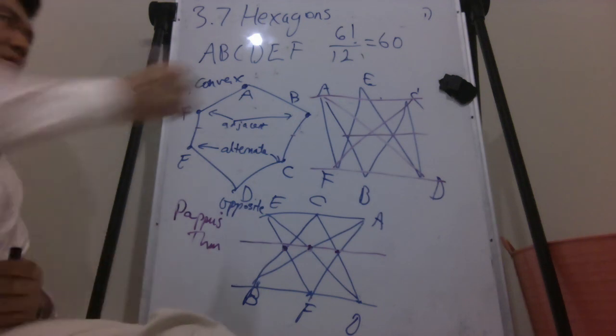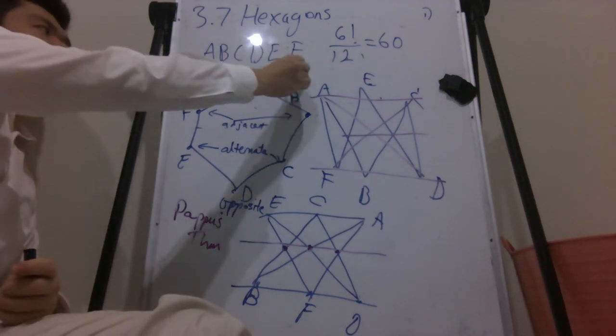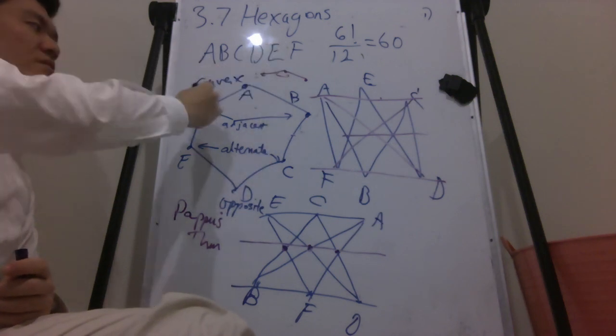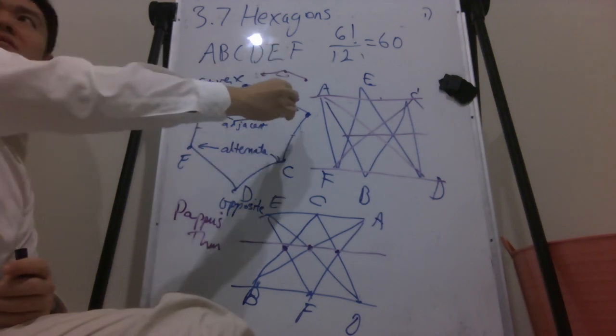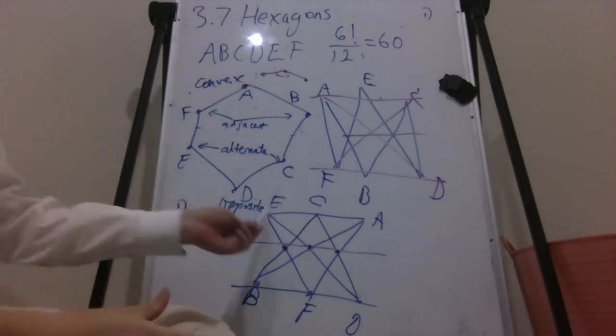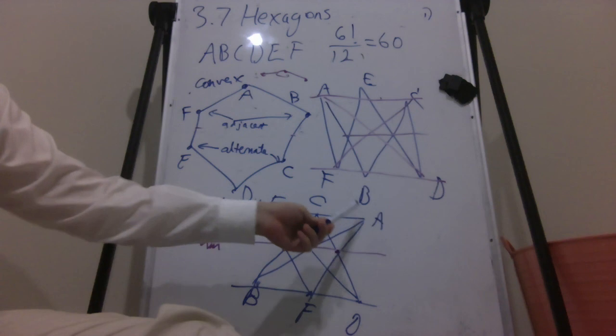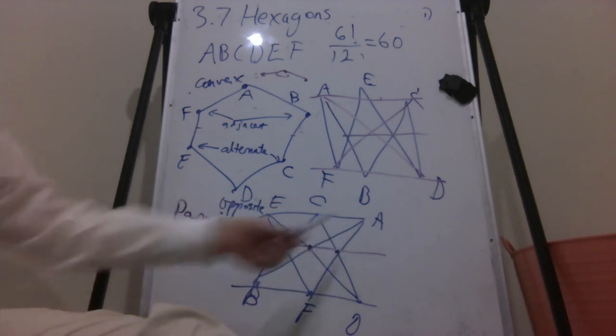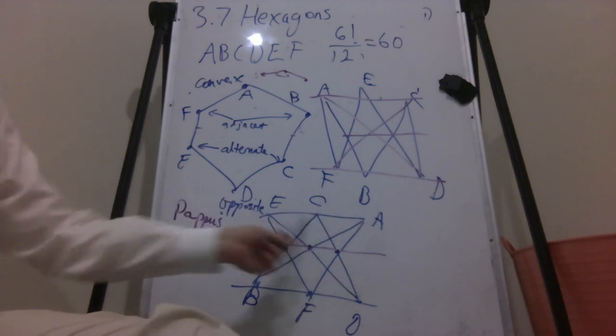We can't have a polygon with a collinear triple, like FAB collinear. So one way to avoid that, because you want these to be collinear, is to make them alternating. So you can't write A, B, C here, but you can write A, C, E here.